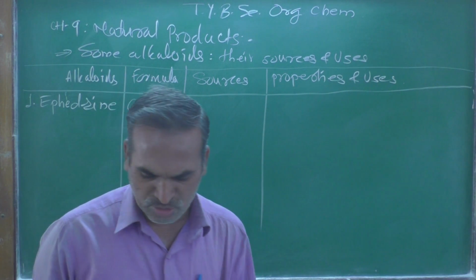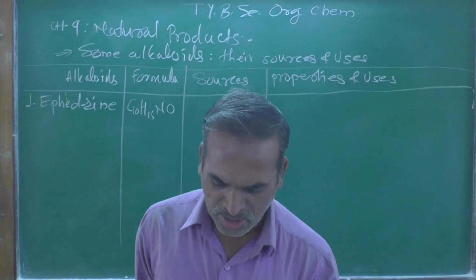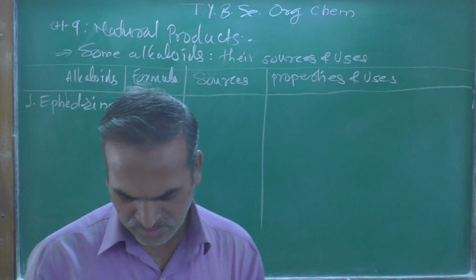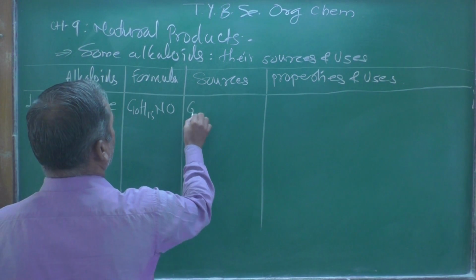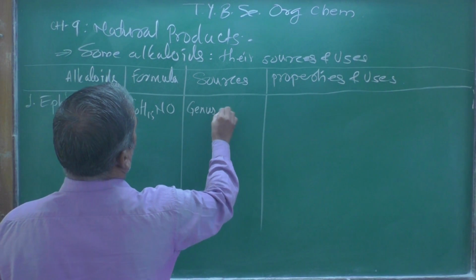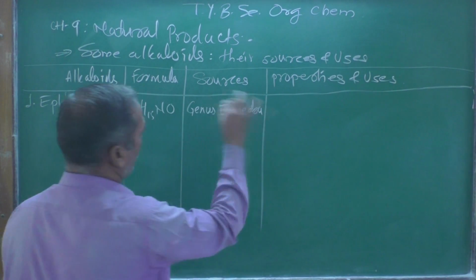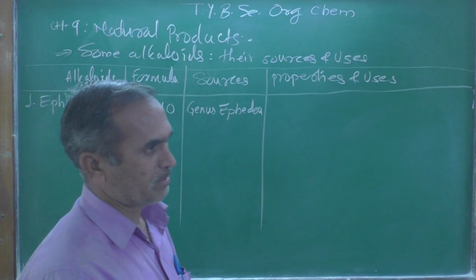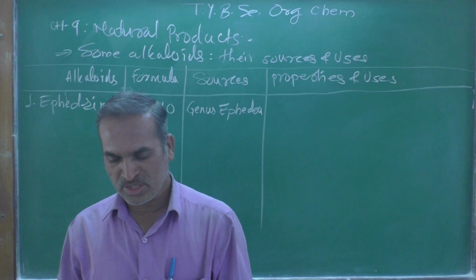Now, the source of ephedrine is the genus Ephedra. From this plant we can extract or obtain ephedrine.